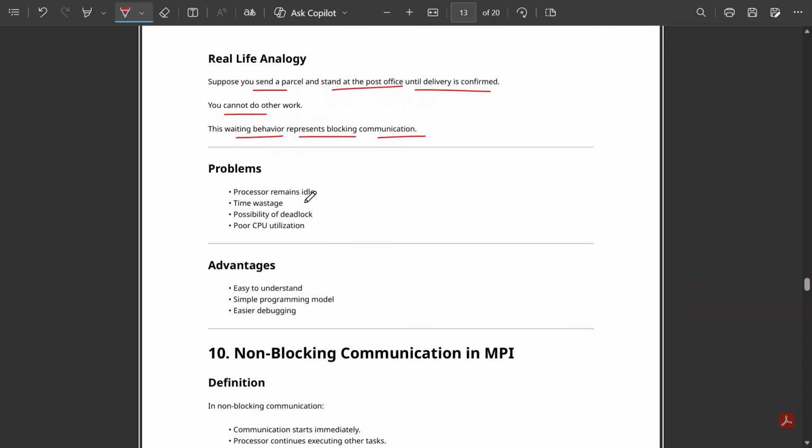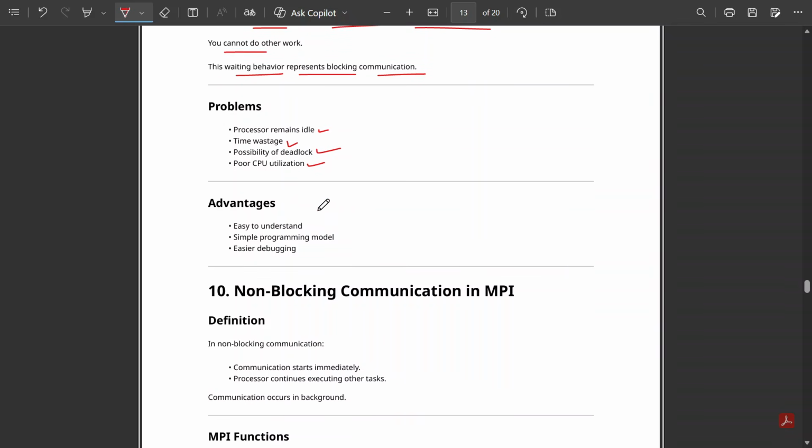What are its disadvantages? Because of this, sometimes the process remains idle. There is a lot of time wastage and there is possibility of deadlocks as well, and CPU utilization will be very poor.